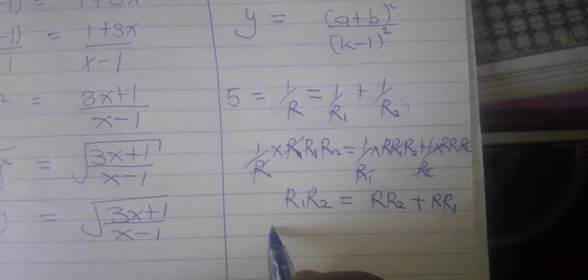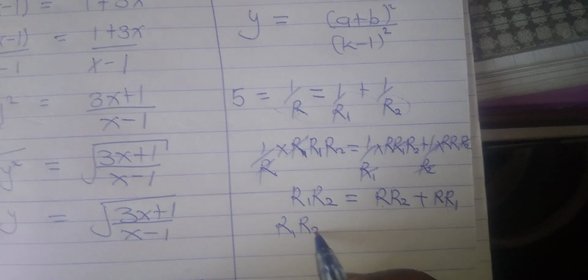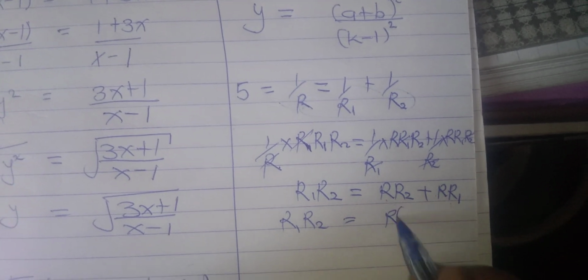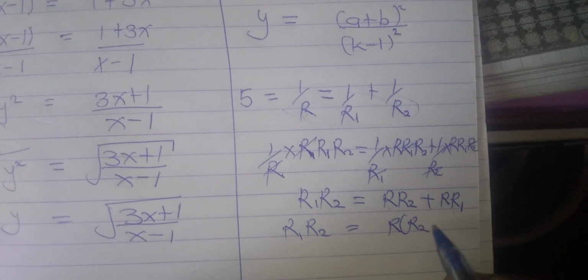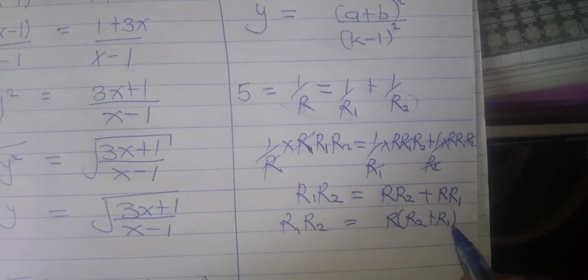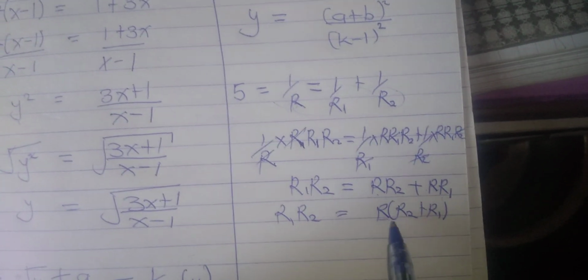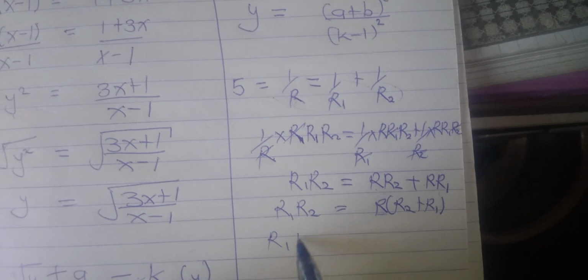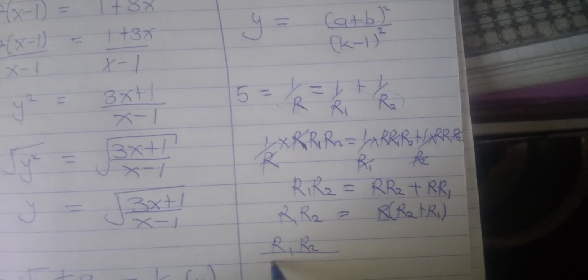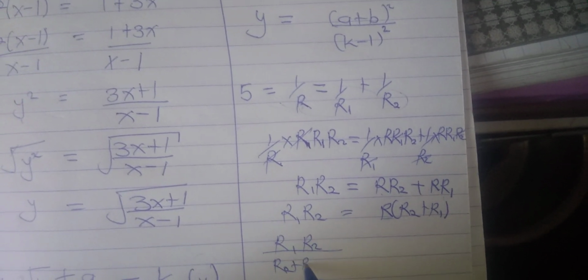So we have to factorize out the r. We pull out that r, we remain with r2 plus r1. So we have factorized out that r. The next step will be dividing both sides by r1 plus r2.